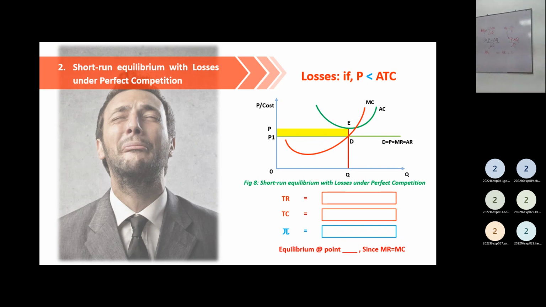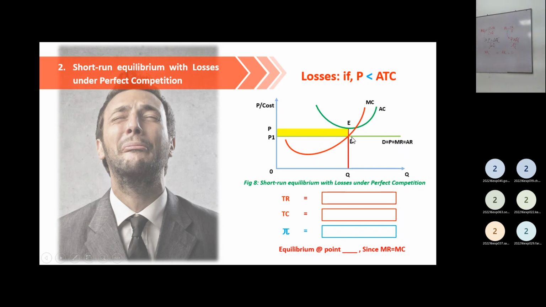At point D. First and foremost, we need to find out where is our MR and where is our MC. So this is your marginal revenue curve, and this is your marginal cost curve. Both are going to meet at point D. So at this point, your marginal revenue equals marginal cost.